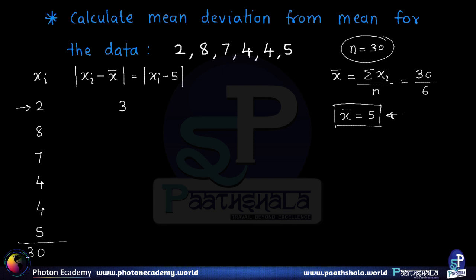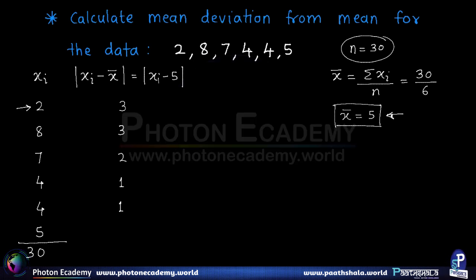So similarly we go on, 8 minus 5 is 3, which is already positive, 7 minus 5 is 2, 4 minus 5 is minus 1, so we write 1, once again 1 and 0. Then we have to add up all these absolute deviations, and that turns out to be 10.